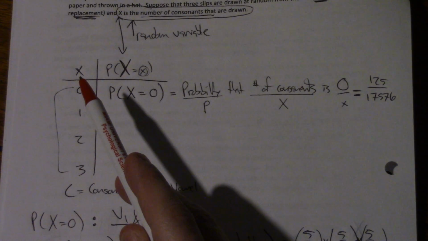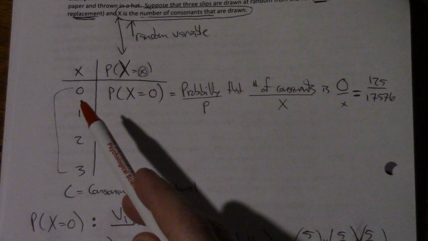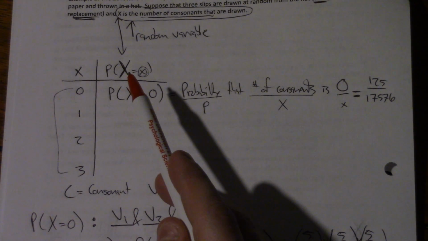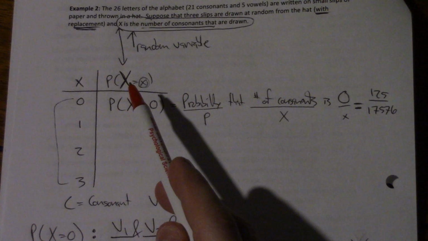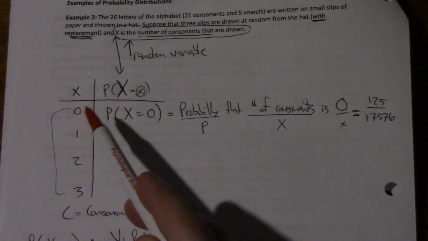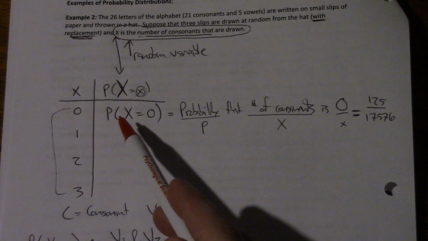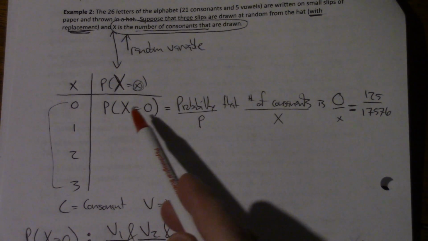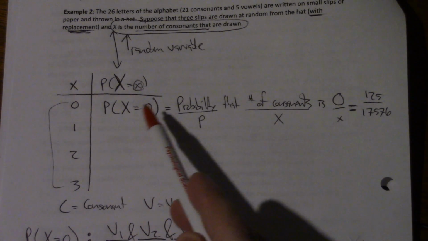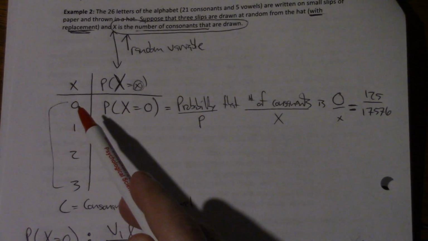What are the values of the random variable? That's a little x. Those are going to be numbers, something quantitative discrete for now. And then we need to know, what's the probability that the random variable, the big X, would equal that value? For example, the first one that we figured out last time, what's the probability that big X equals 0? That's the row that we're in.